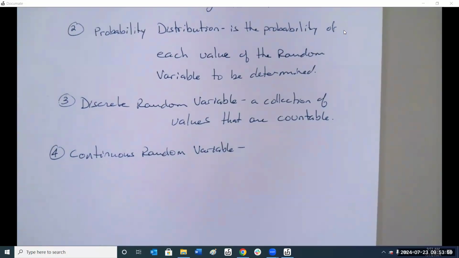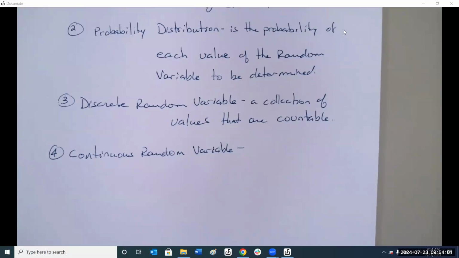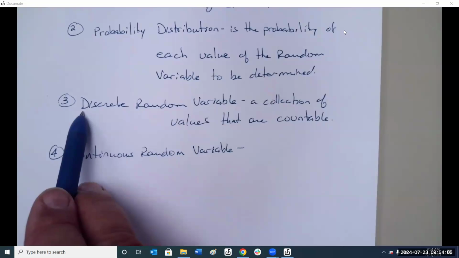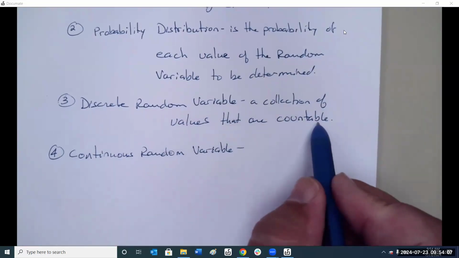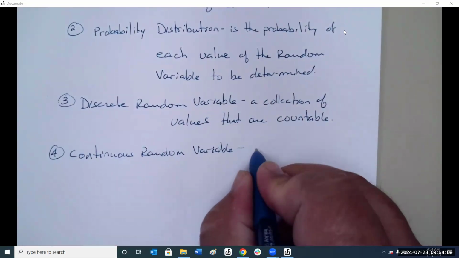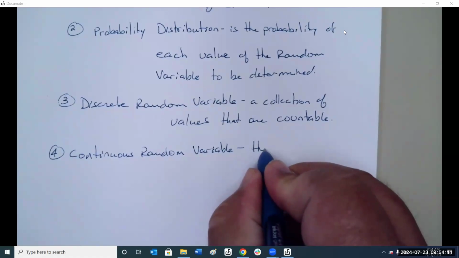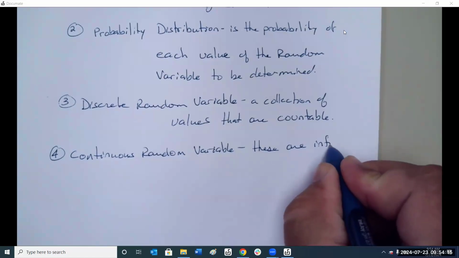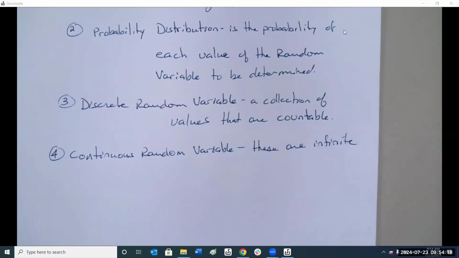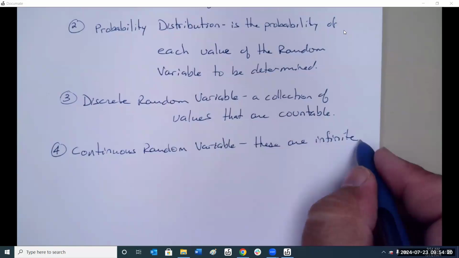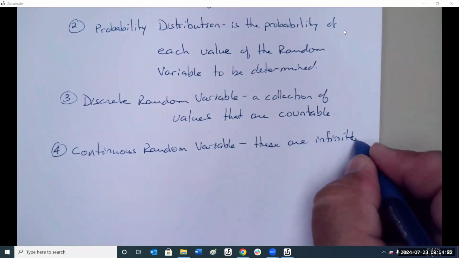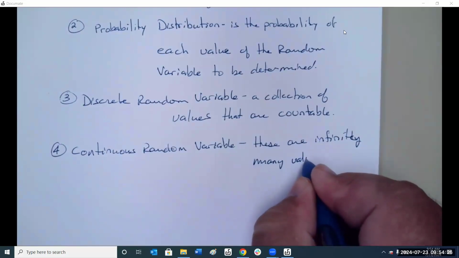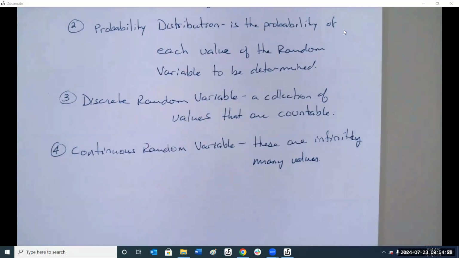Then we look at continuous random variables. As opposed to discrete random variables, which are countable, which are finite, these are infinite. In other words, they're not countable.